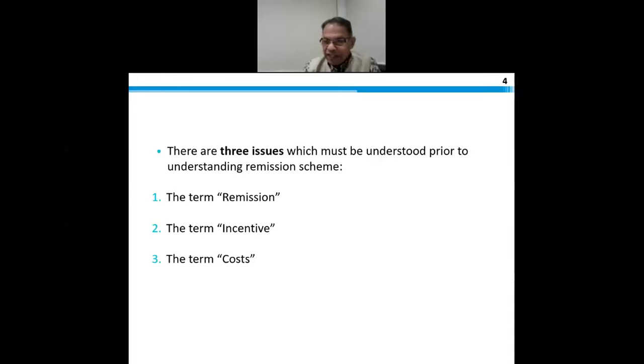The second term is incentive, which is purely a contribution by the government. If I want to equate in today's situation, it should be something like PLI, Production Linked Incentive Scheme. What are the two primary things that are given to you? You get the investment from abroad, you increase the sales, only on the basis of these two things.